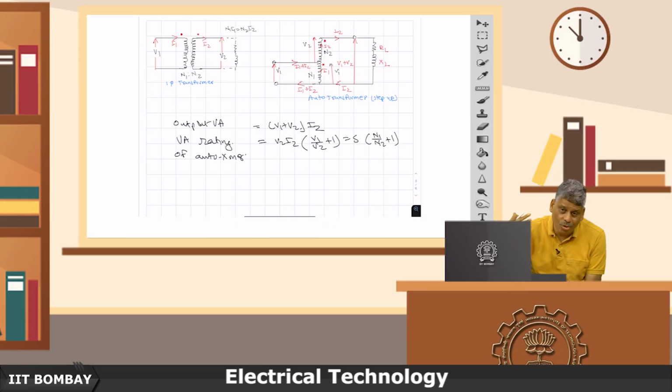So, you can get more kVAs, more MVAs out from an auto transformer paying the same cost.